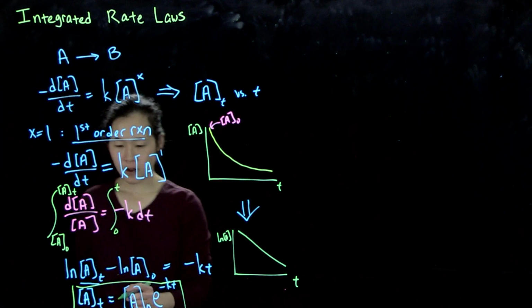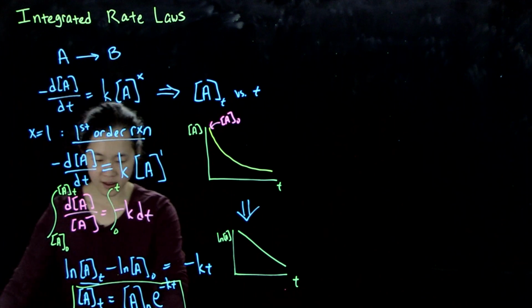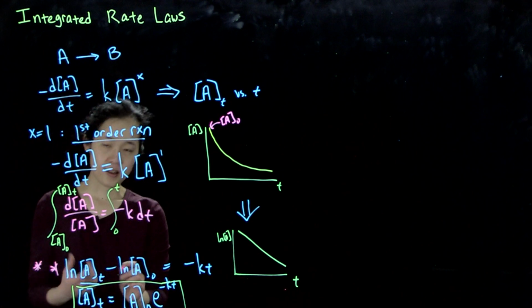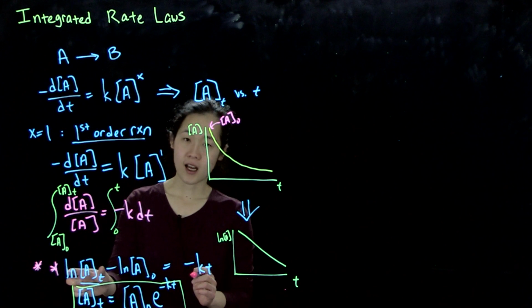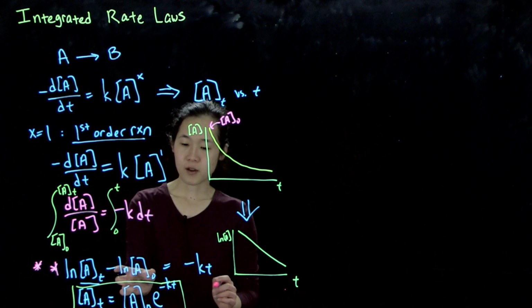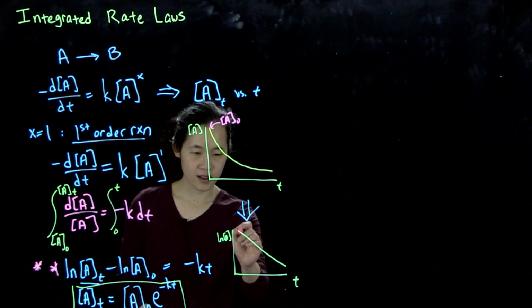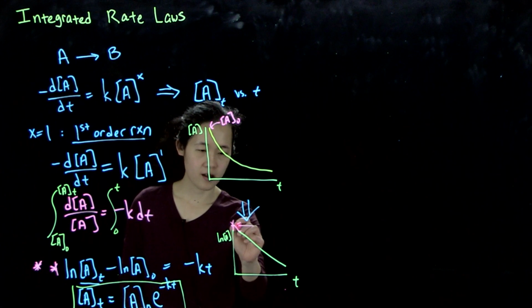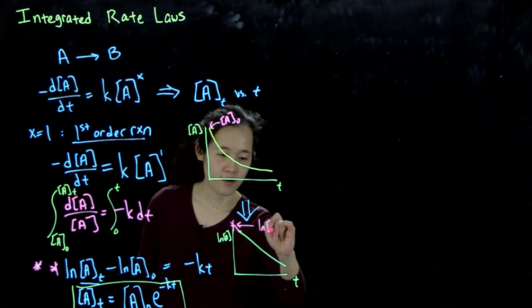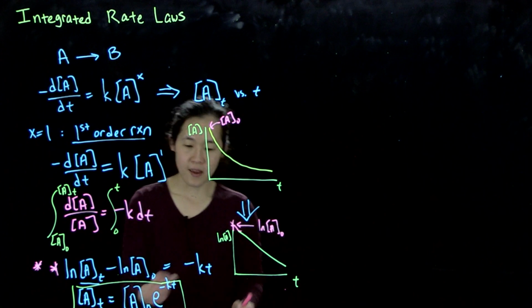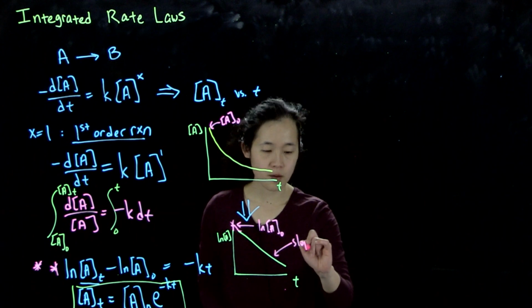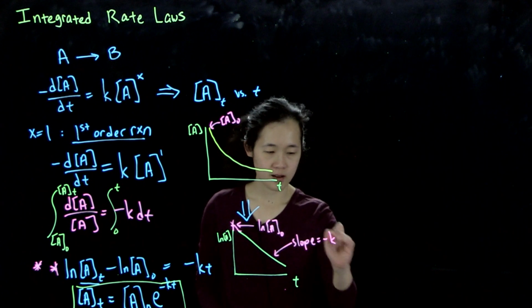And that's because if you look at this formula over here, this is linearized because the log of A at time t equals this constant, so our intercept over here. This intercept will be log of A naught, and the slope is equal to negative k.